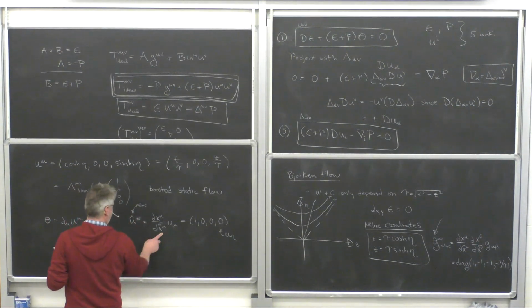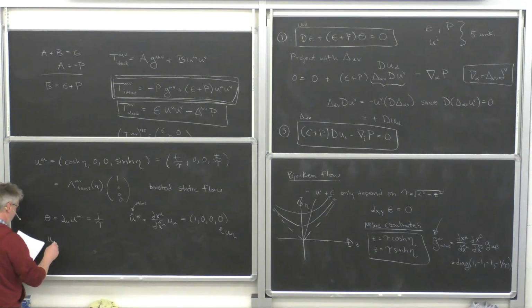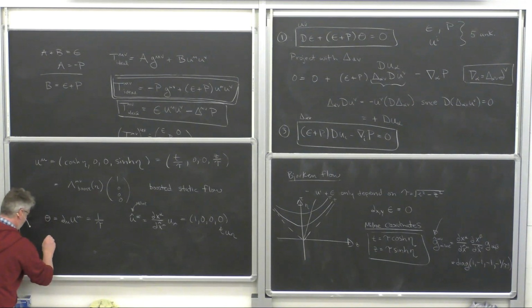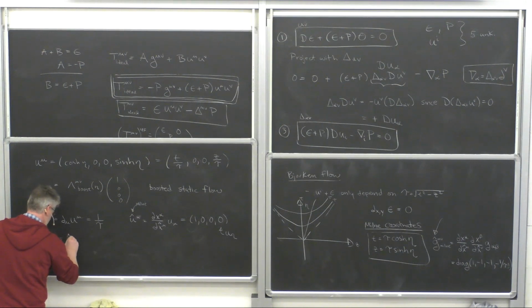The nice thing about this being a static flow is that when I write this in Milnor coordinates, I have to figure out what this co-moving derivative operator is in whatever coordinate system I'm using.